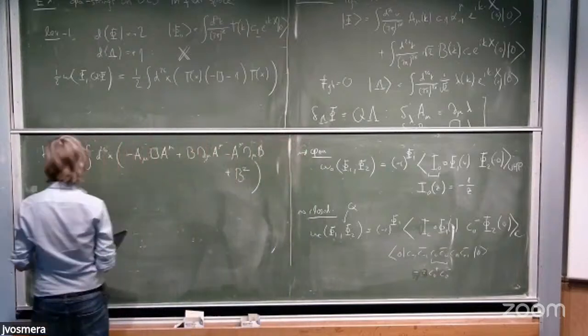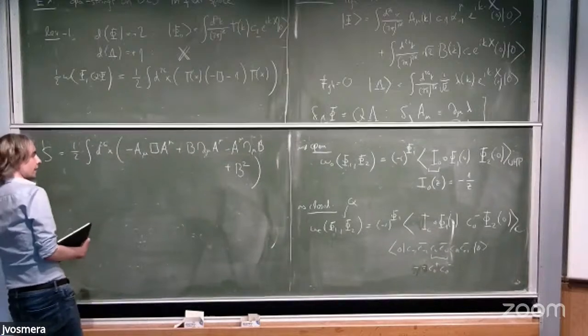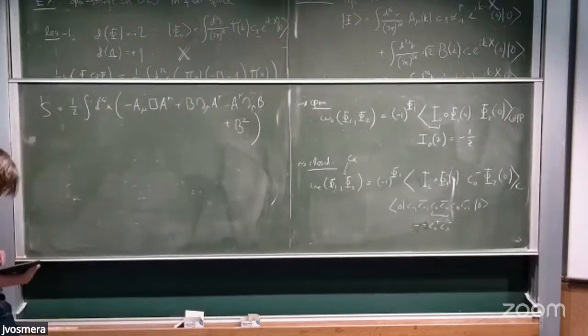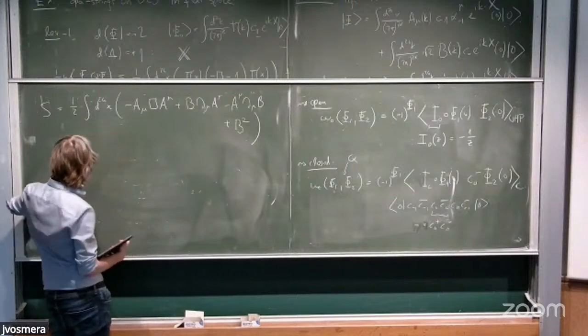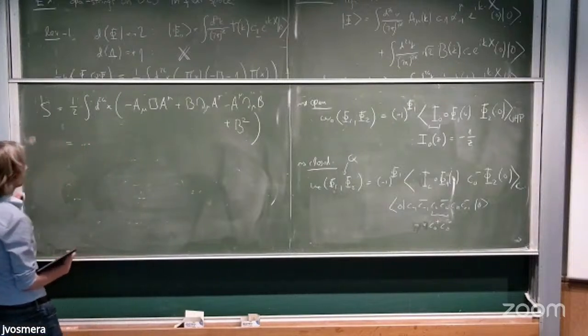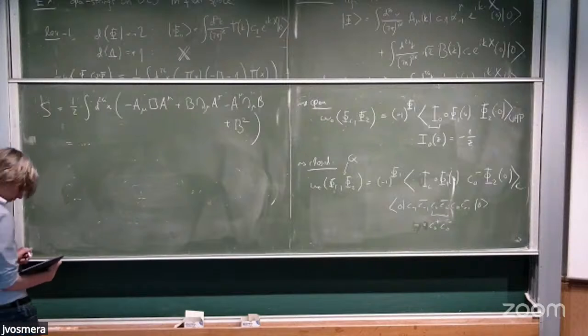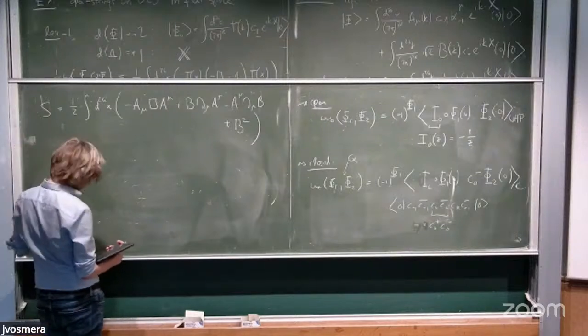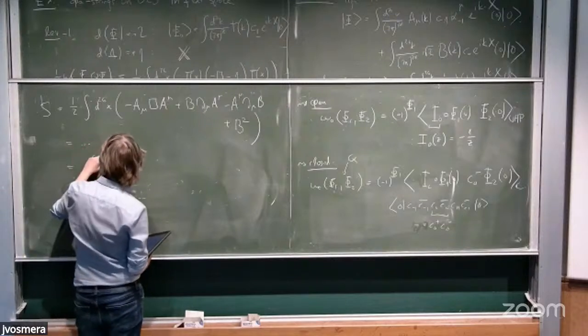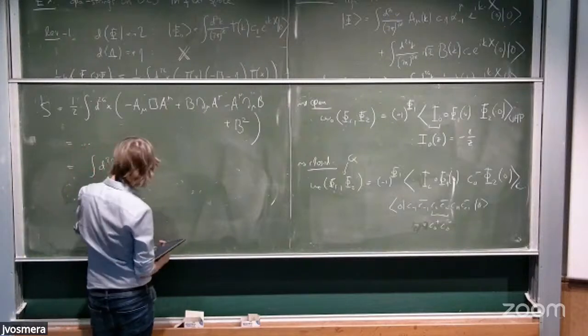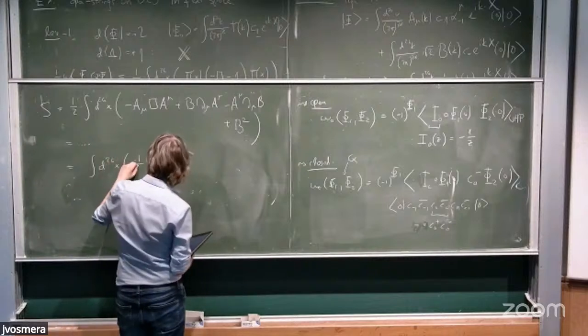Which does not look very familiar, perhaps, but you can do some additional manipulations, which will involve integrating by parts, assuming suitable fall-off conditions so that the boundary terms can be neglected, and also completing squares. And in the end, when the dust settles, you can rewrite it in the following form.